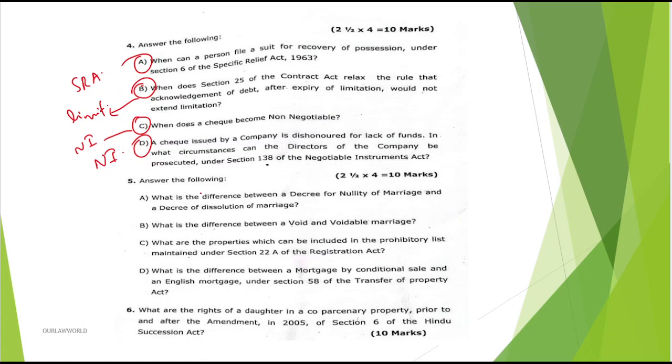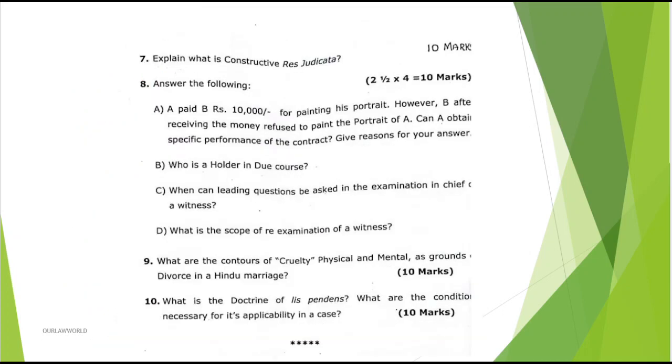Now, in the fifth question, 5th A is regarding the Hindu Marriage Act, B is also Hindu Marriage Act, C is regarding the Registration Act, and D is the Transfer of Property Act. The sixth question is given from the Hindu Succession Act, co-parcenary property. This is CPC again, constructive res judicata, which is Explanation 4 of res judicata.